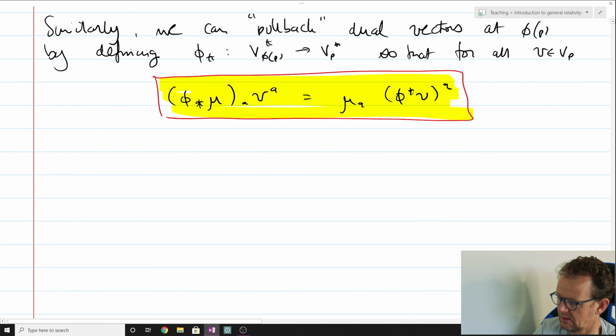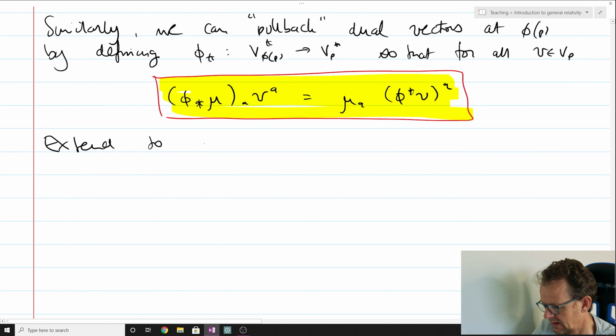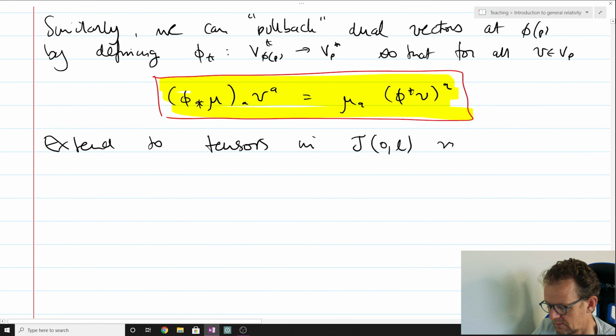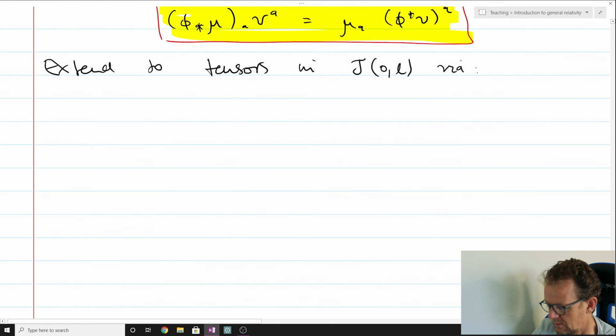And we can extend this now to even tensors of type (0, L), by defining phi star of a tensor, the components of a tensor, by demanding that these components phi star of t obey the following equation here.